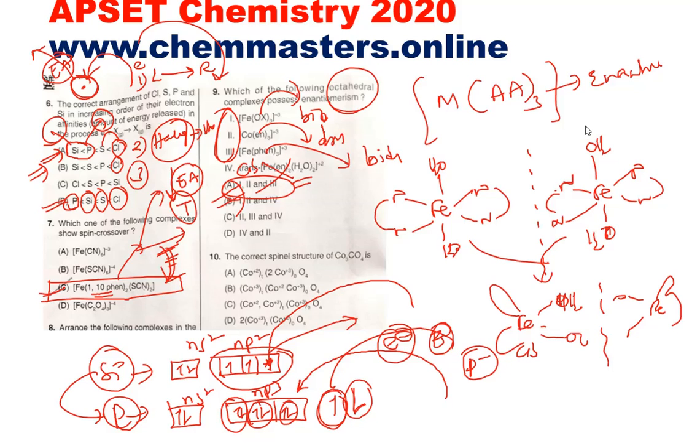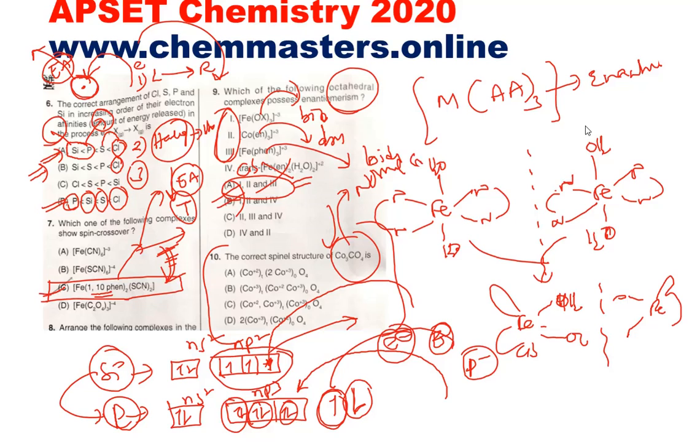Right. The next question: the correct spinel structure of Co3O4 is. Just look at this question. The same kind of question has come in the CSIR examination, where Co3O4 is a normal spinel.